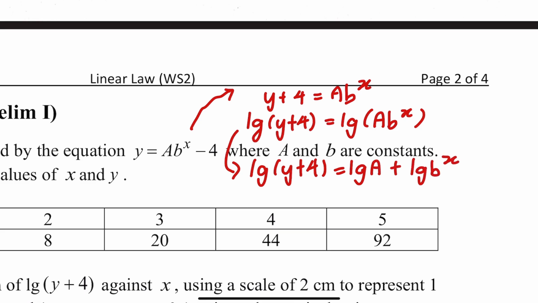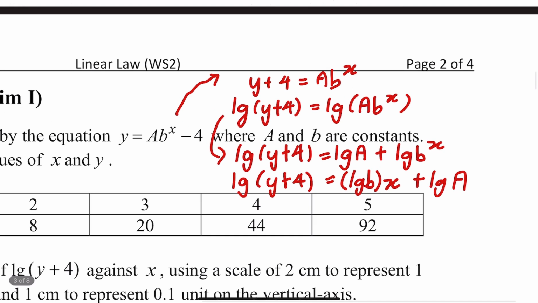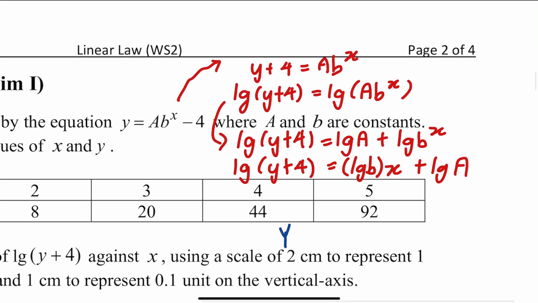Further, by the power law, I can bring down the x. It will be lg b times x plus lg a. And with that, I've written my equation into the form of y equals mx plus c.